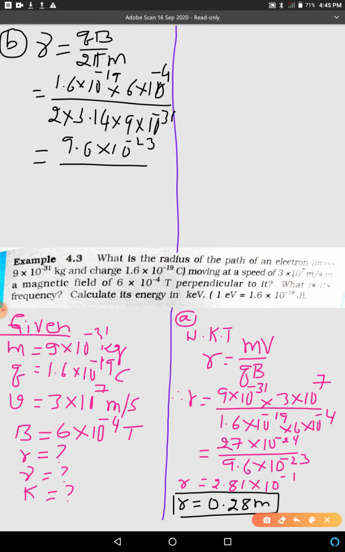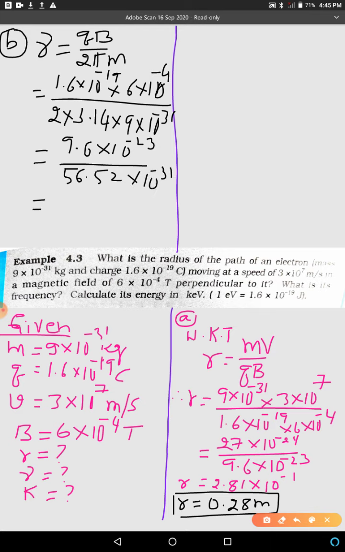What does that come to? It will be 2 into 3.14 into 9, which is 56.52. Into 10 power of minus 31 stays the same.